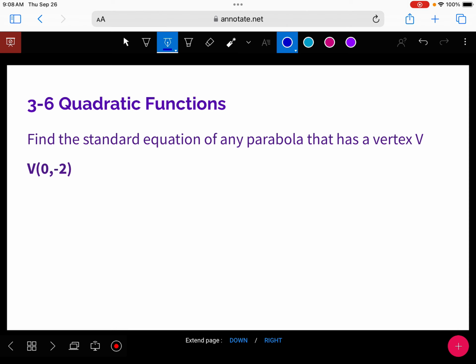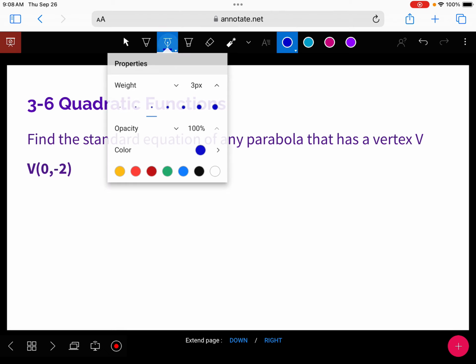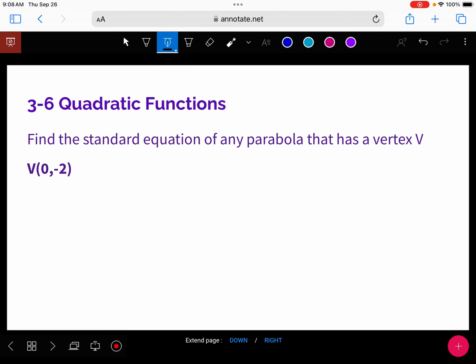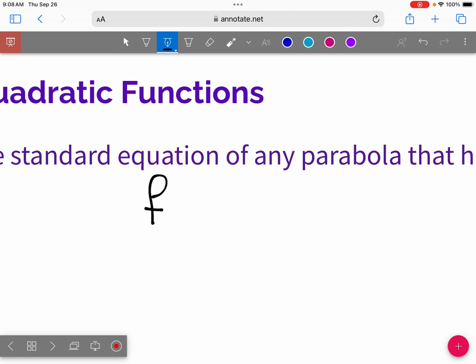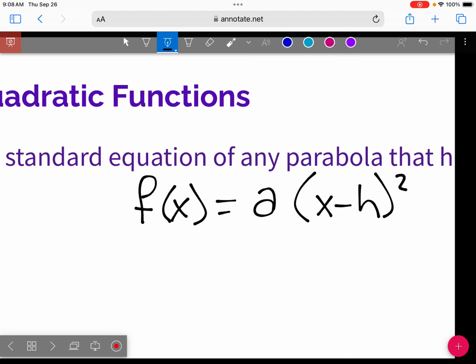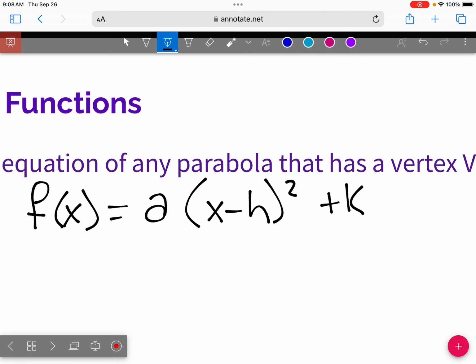So, again, new vertex: (0, -2). I'm going to put our generic form up here again, just because I like to play match them up. f of x equals a(x minus h) squared plus k.